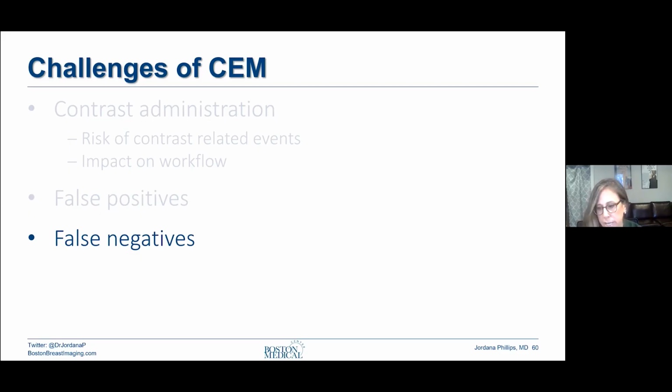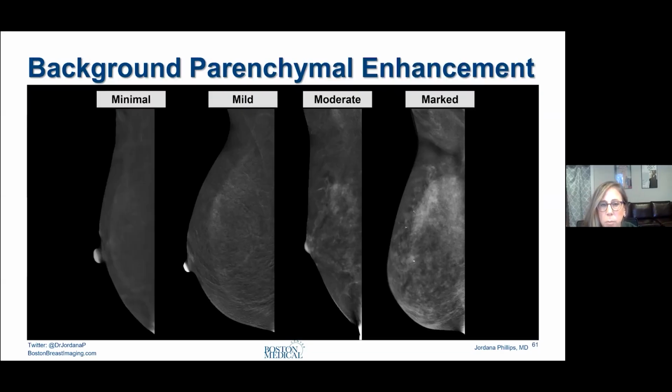Another reason for a false negative has to do with BPE, which is background parenchymal enhancement. We know from MRI that normal glandular tissue can take up contrast to varying degrees. The same thing happens on a contrast mammogram. You can see the image all the way on the left is minimal background parenchymal enhancement, where there's almost no uptake of the contrast material, as compared with marked background parenchymal enhancement, which is quite a bit of contrast uptake.